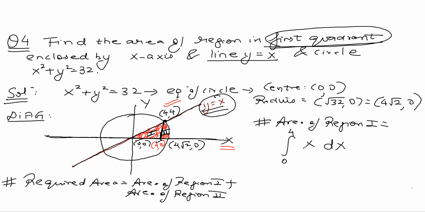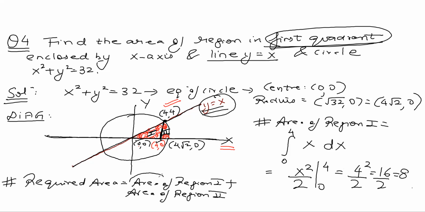Clear? Now, if I integrate this with respect to x, I get x square by 2 and I run this from 0 to 4. So it is 4 square by 2, which is 16 by 2, which is 8. That means, guys, area of region 1 is equal to 8. Very simple.